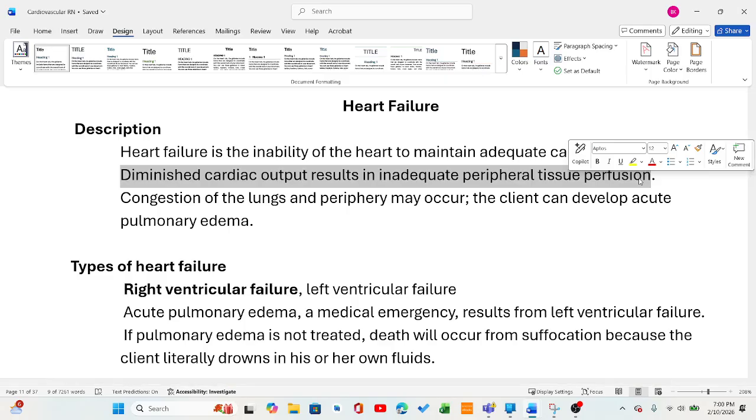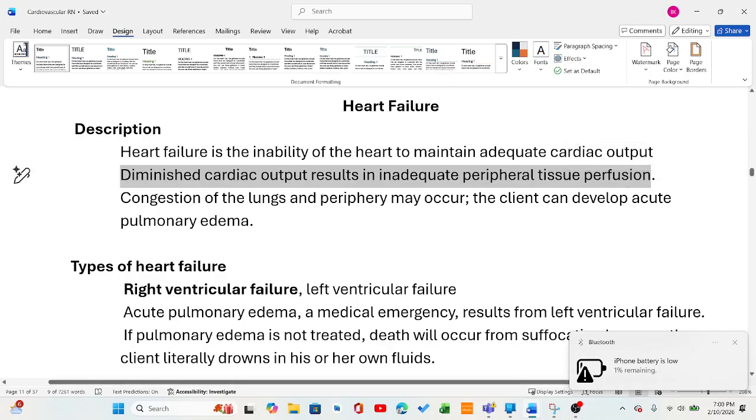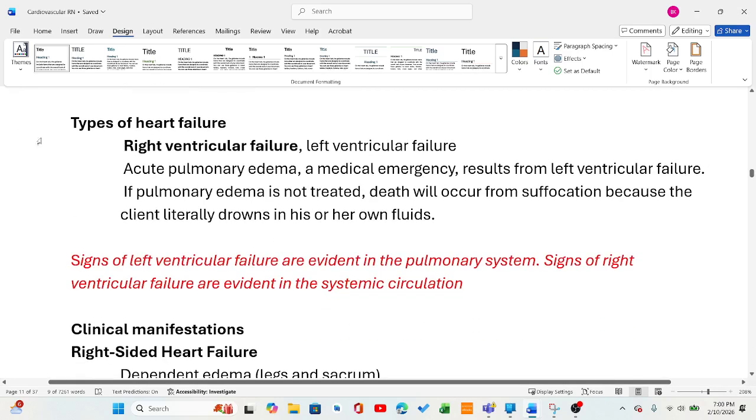But the main thing is that when we have a heart failure, there are two things you need to remember. The first one, always remember, it can be a left-sided heart failure or a right-sided heart failure. This is what NCLEX can hit you on. You need to know the difference between a left-sided heart failure and a right-sided heart failure. Now, you don't have to memorize this.